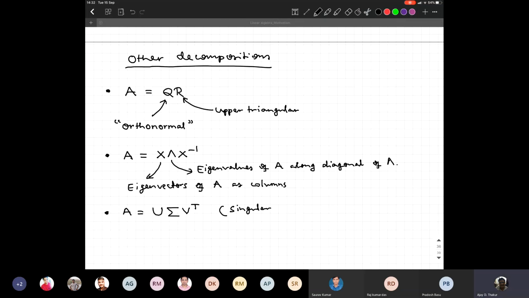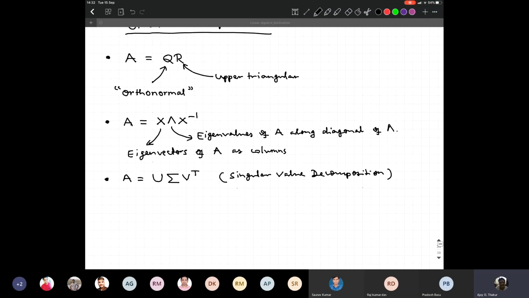This is called singular value decomposition. First, let us know what it is, and later on I will come to why it is relevant.